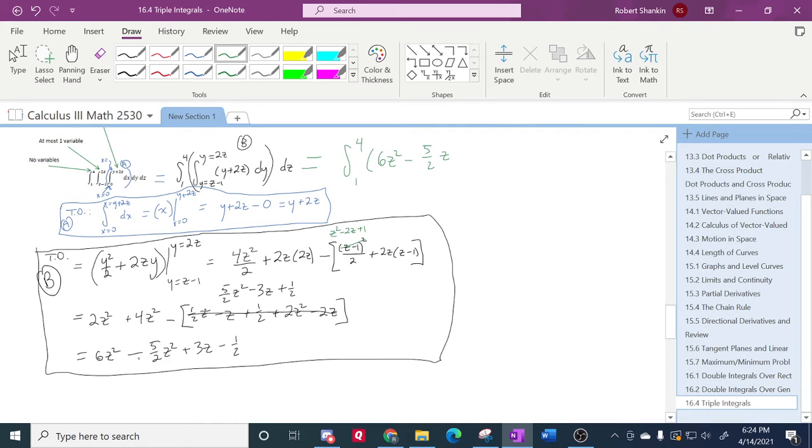Alright, the 6z squared minus 2.5 is what? 3.5. 3.5 is the same as 7/2.